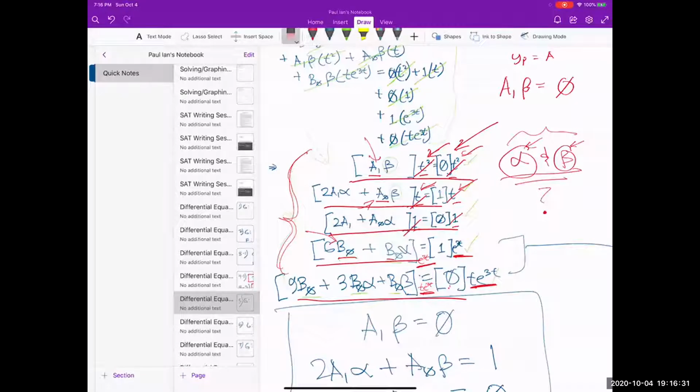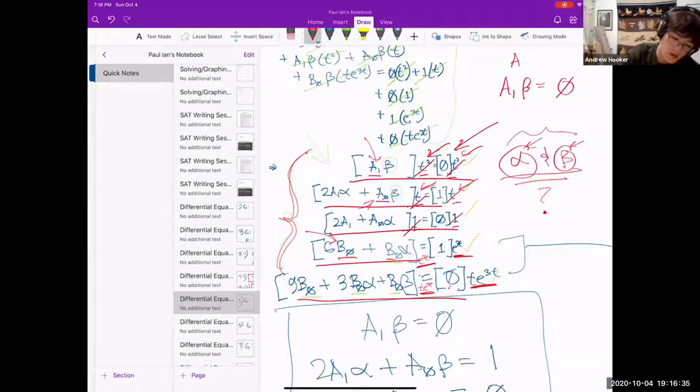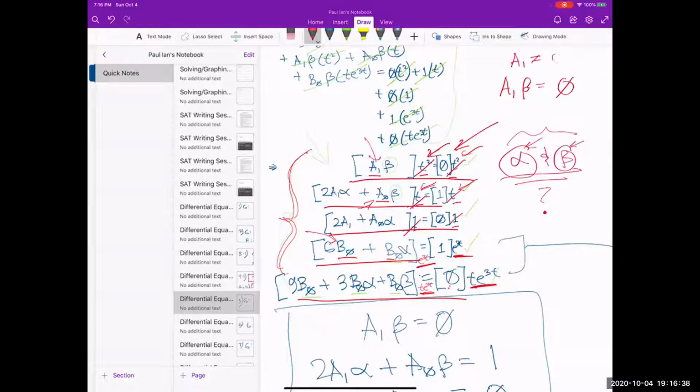Because it's a particular solution, this cannot be zero. You don't have to solve for it, you just have to logically think about it, because what you're trying to solve for are these betas and alphas.